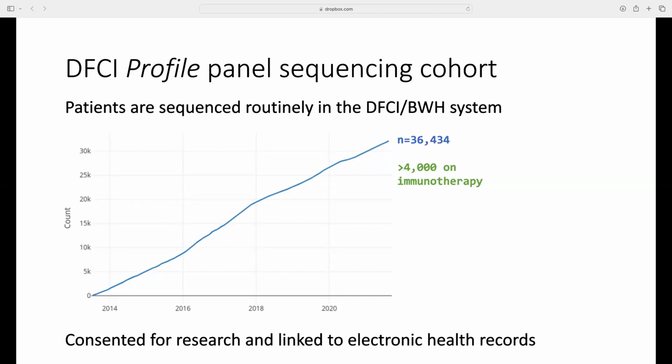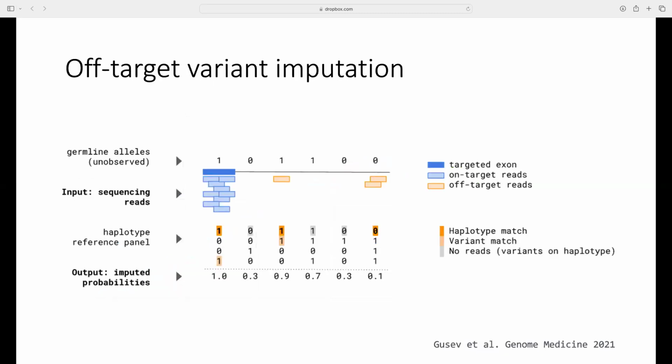And so this potentially provides a very useful resource to study relationships between genomic variation and clinical outcomes. Additionally, we have shown that you can take these tumors, which are sequenced on a targeted panel, and integrate them together with a germline reference panel to infer the germline genetic variation that these patients have.